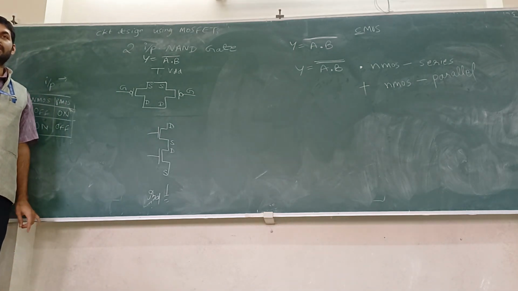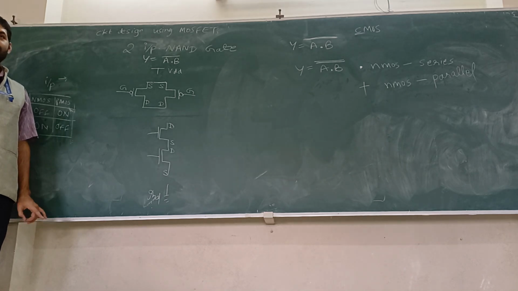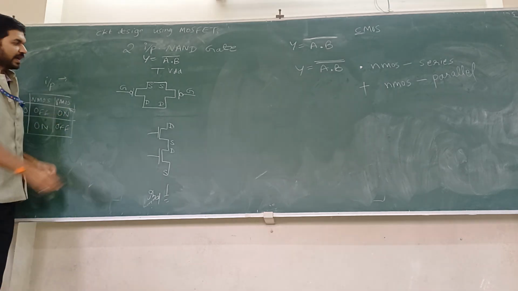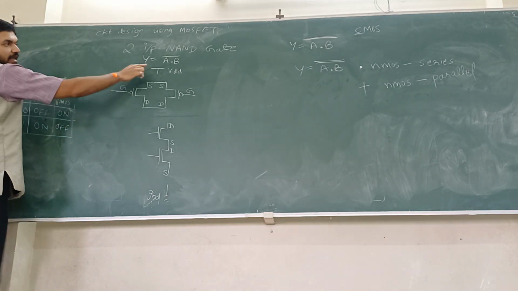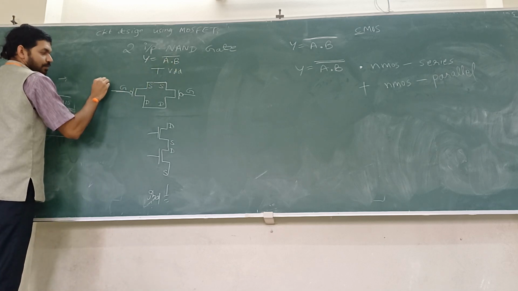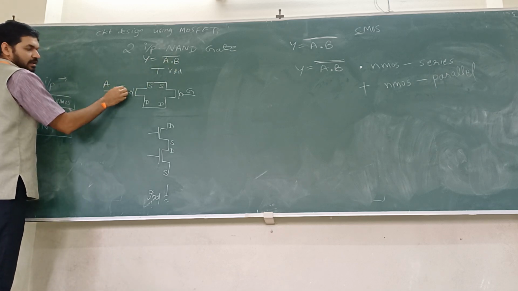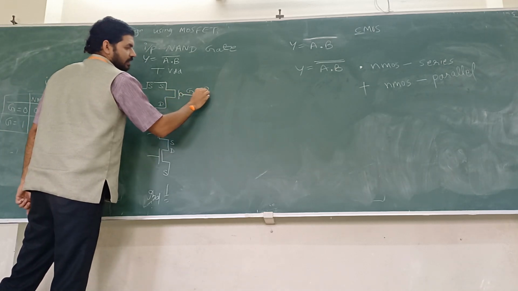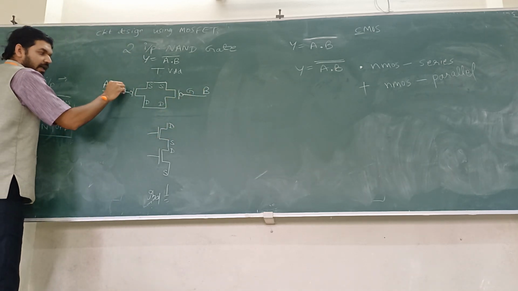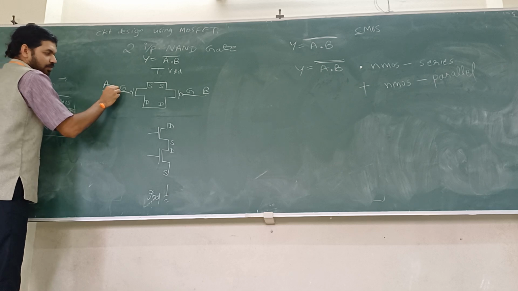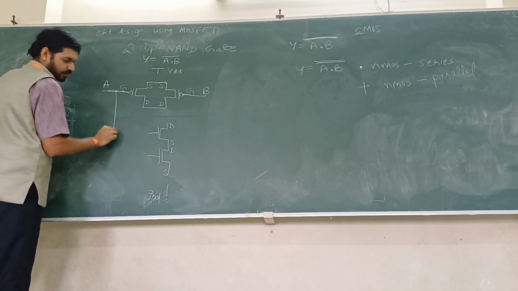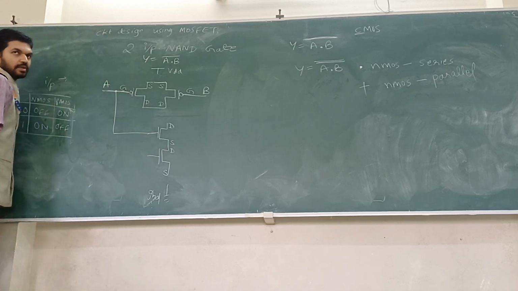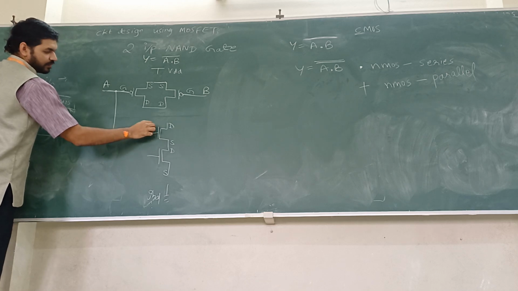Next rule says that gate should be shorted. So if I take input, there are two inputs A and B. If I take input A here, and B input here, the same A should be given to the gate of NMOS.